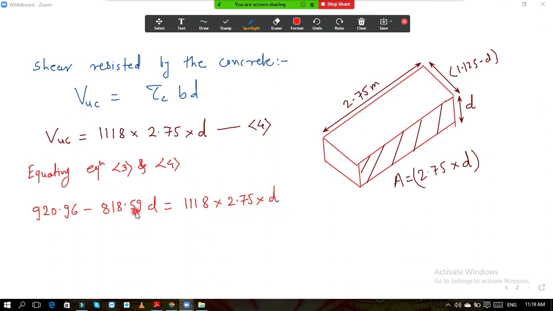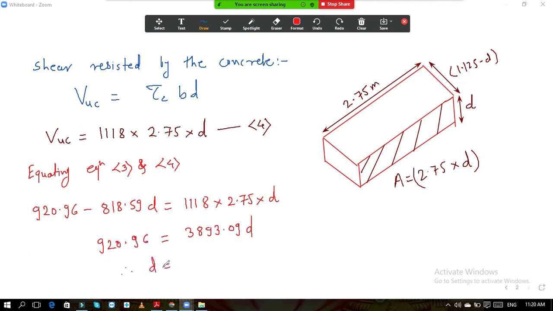Now this term of D, if you shift to the right hand side, then this will become plus. So I will add 818.59 to this 3074.5. So the total term is 3893.09. So this will become 3893.09D, and on this side this 920.96 will remain as it is.